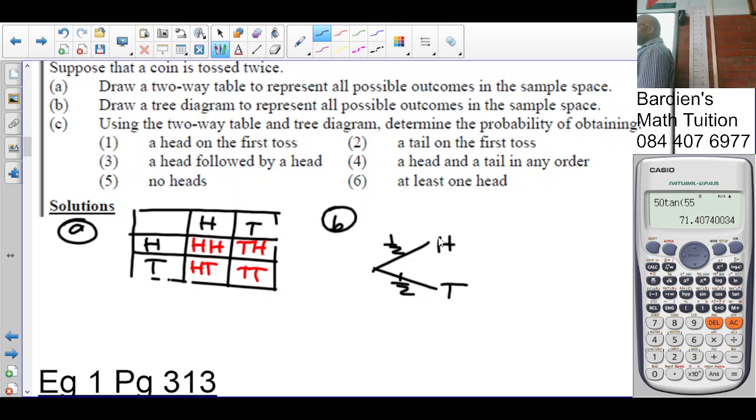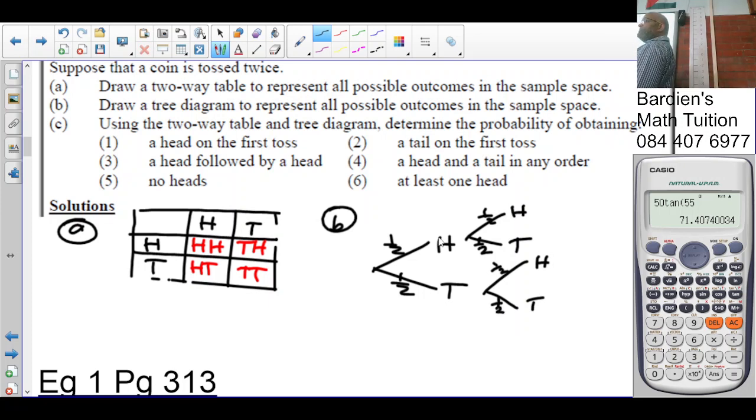So this is the first toss. Can you see that? If the first toss is a heads, the second toss could be either heads or tails. And what is the probability of you tossing a heads on the second toss? 1 over 2. If you toss tails on your first toss, what are my outcomes then? Either heads or tails, that's 1 over 2.